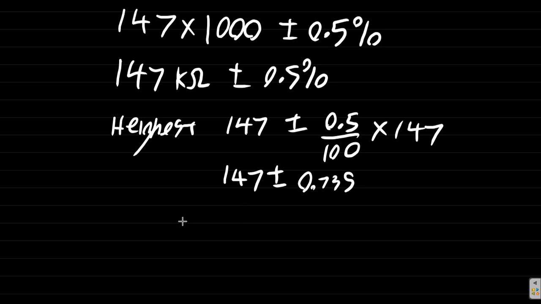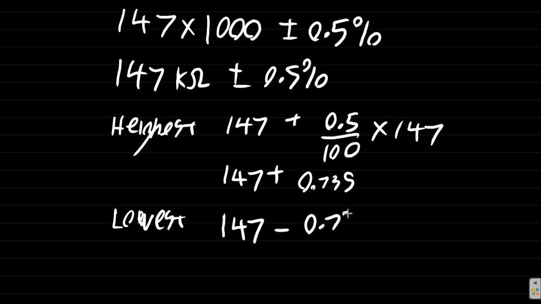For the highest, my mistake, it's just plus, not plus or minus. For the highest, it is 147 plus 0.735, and the lowest will be 147 minus 0.735. Now, we have the highest and the lowest.